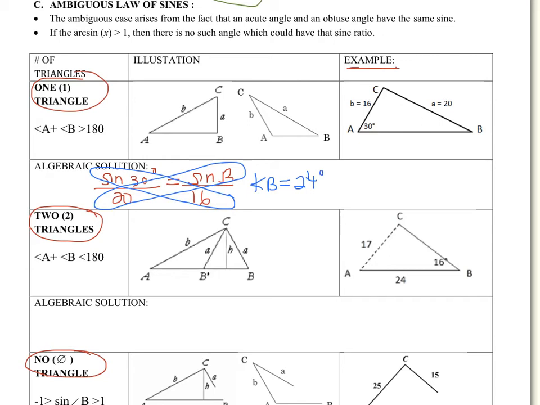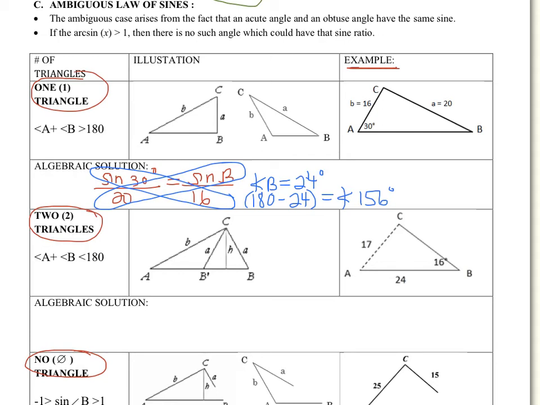So why is this problem ambiguous? How do I know that the sine gives me 24 degrees and not a 24-degree reference angle, in which case angle B could be in the second quadrant and I could get 156 degrees? How do I know if B is 24 degrees or 156 degrees?